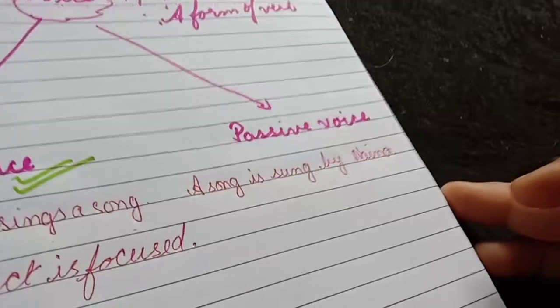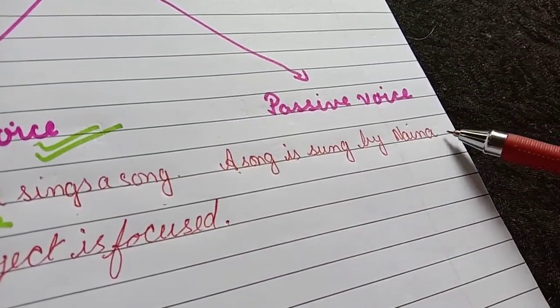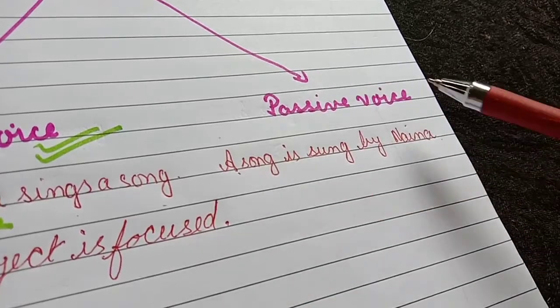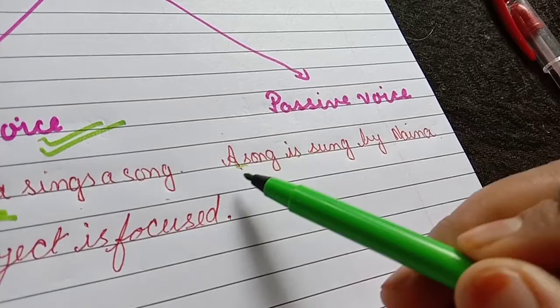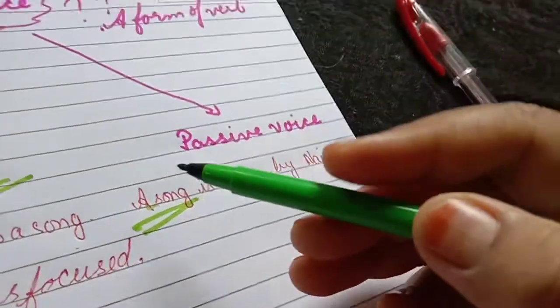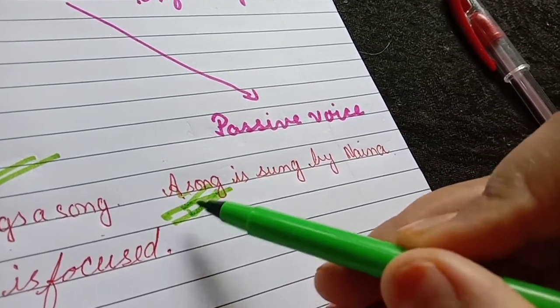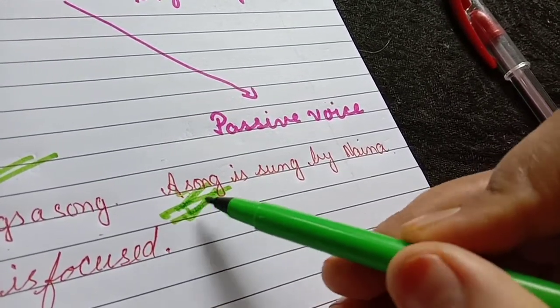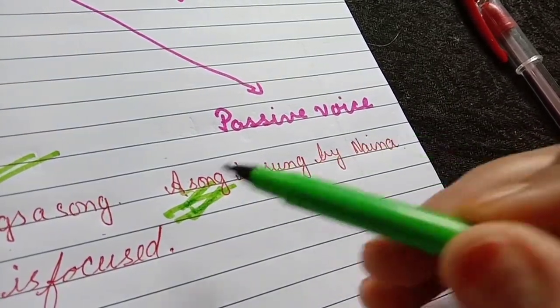Now come to the passive voice. Here you say, a song is sung by Nena. Here what happened? The object became important, right? The object is focused here. The object in the active voice took the position of the subject here. So we are talking about the object, we are talking about the song here. A song is sung by Nena.